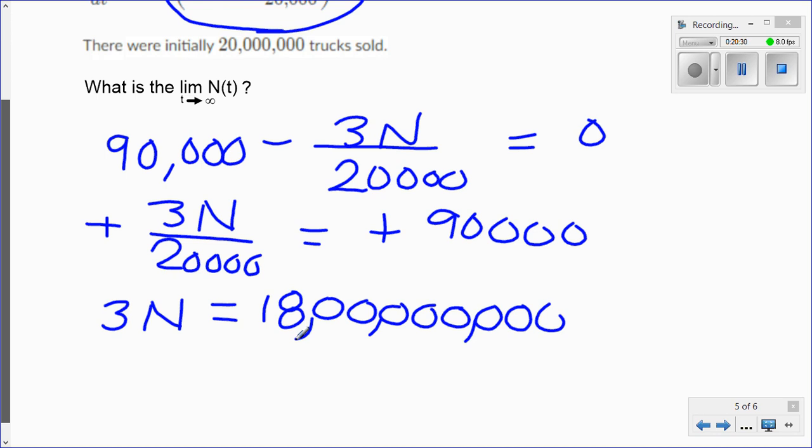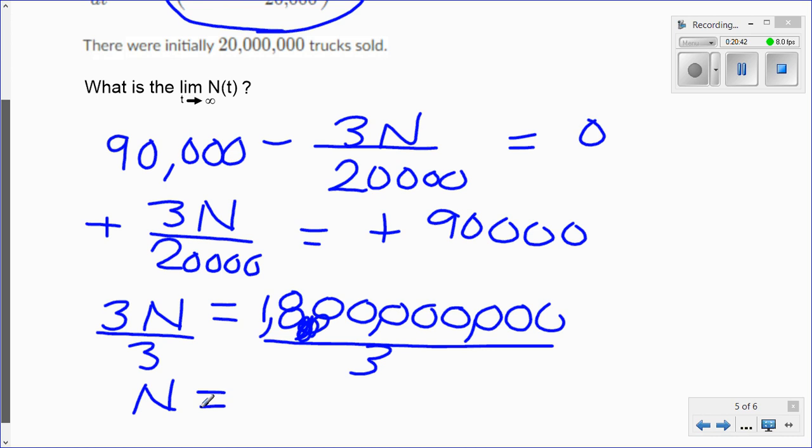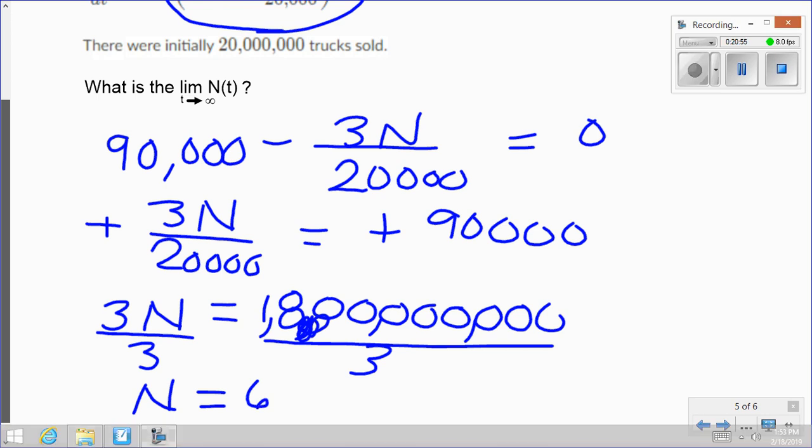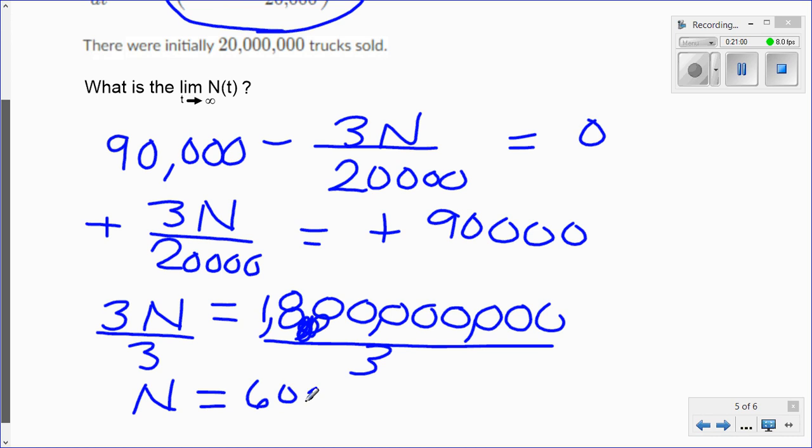Oops, I put my comma in the wrong place. There we go. All right, then we're going to divide by 3. So we're going to end up with N equals, well, 18 divided by 3 is 6, and then again, I'm going to need my 8 zeros again. 1, 2, 3, 4, 5, 6, 7, 8.